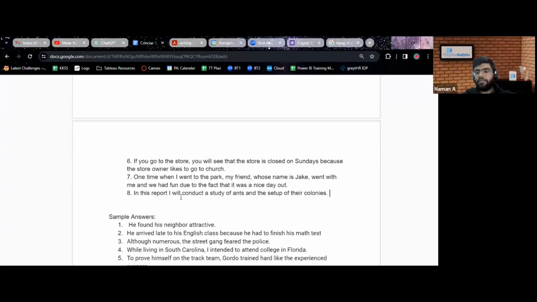So I think that is also a little subjective. It depends on the sentences, if we are using it in a paragraph. It depends on what context we are using it for. But we can just say, "I will conduct a study of ants and the setup of their colonies."